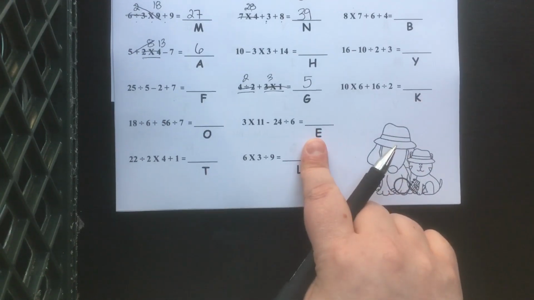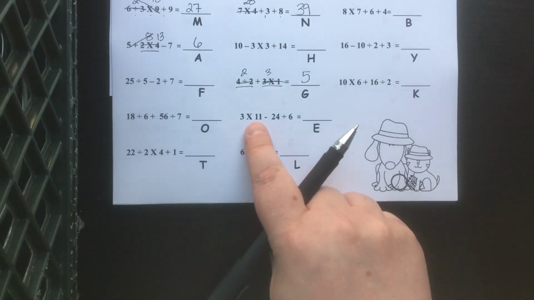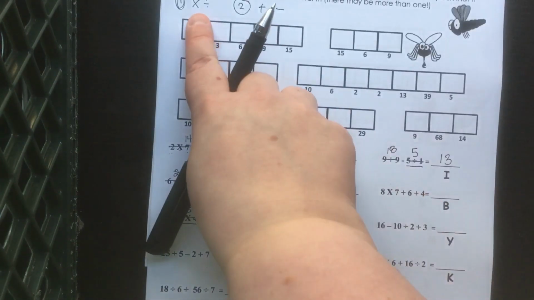How about let's do the one right below it. We'll do one more here. Okay, you have 3 times 11 minus 24 divided by 6. Multiplication and division first.